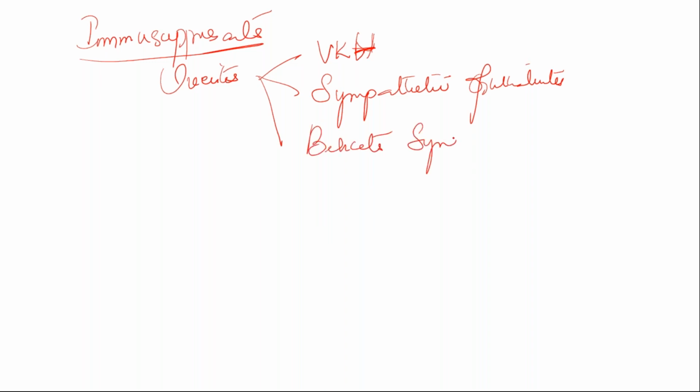So these are the conditions where we use immunosuppressants. The most important conditions, we can say these are absolute indications. So the absolute indications for use of immunosuppressants are VKH, that is Vogt-Koyanagi-Harada syndrome, sympathetic ophthalmitis, and Behçet syndrome.